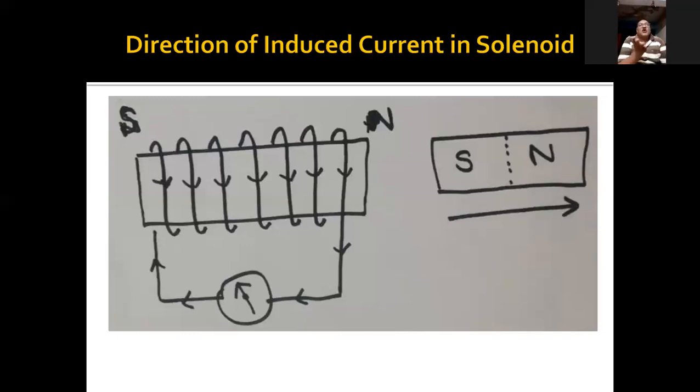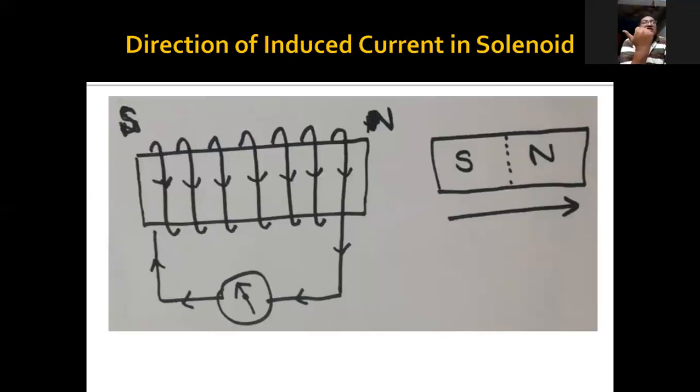So I will hold the solenoid in my right hand in such a way that my thumb is pointing towards the north. So this thumb is towards the north of the solenoid, and the curls of my fingers are telling me the direction of the induced current. So the current is in this way.